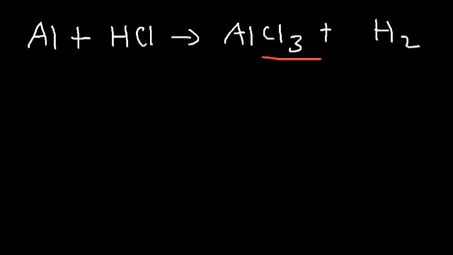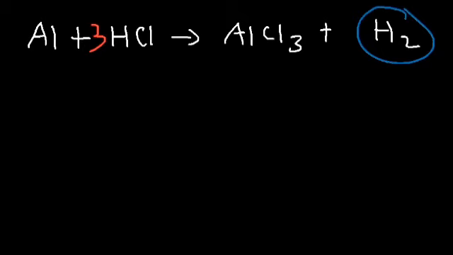We have 3 chlorine atoms on the right side and only 1 on the left side. So our natural inclination is to put a 3 in front of HCl. The only issue with that is we have an odd number of hydrogen atoms on the left side, but an even number of hydrogen atoms on the right side.